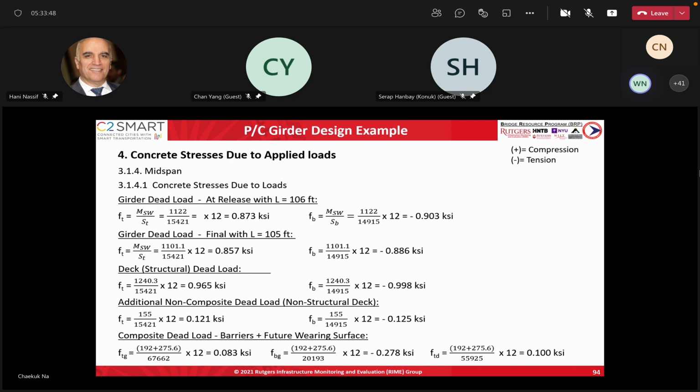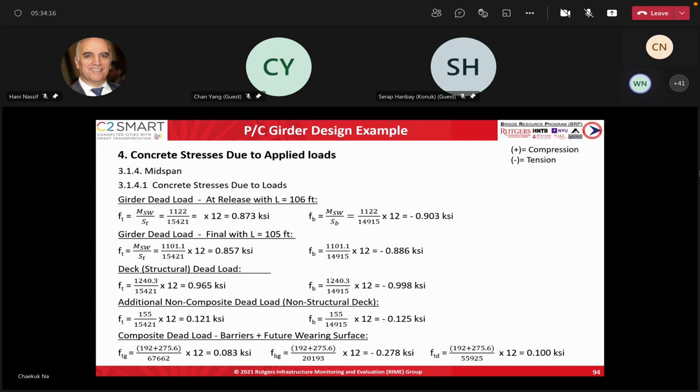We have these values in a previous table. So we compute them. Our assumption is plus for compression and negative for tension. It doesn't matter as long as you know what you are doing, but you need to be consistent all the way because we are adding up the stresses later to check if they are less than the allowable stresses specified by AASHTO.